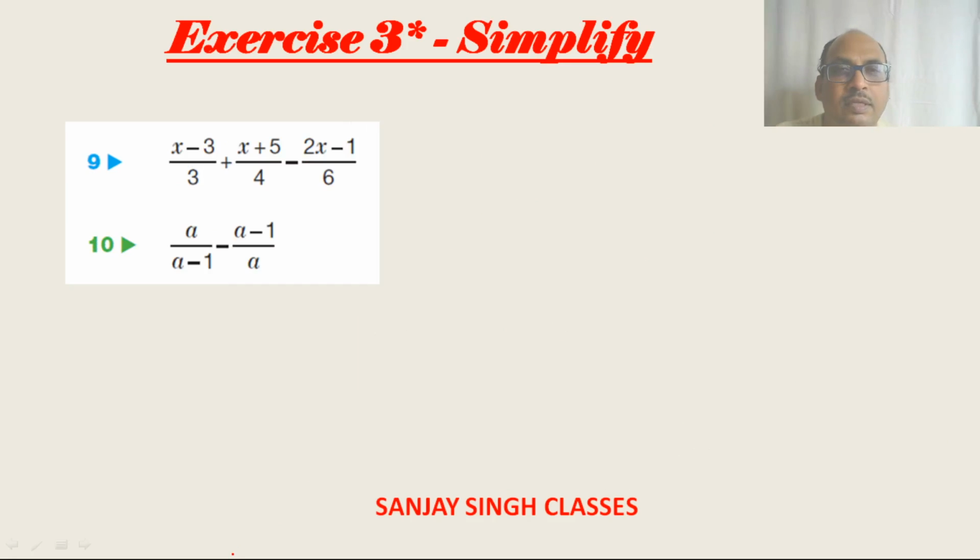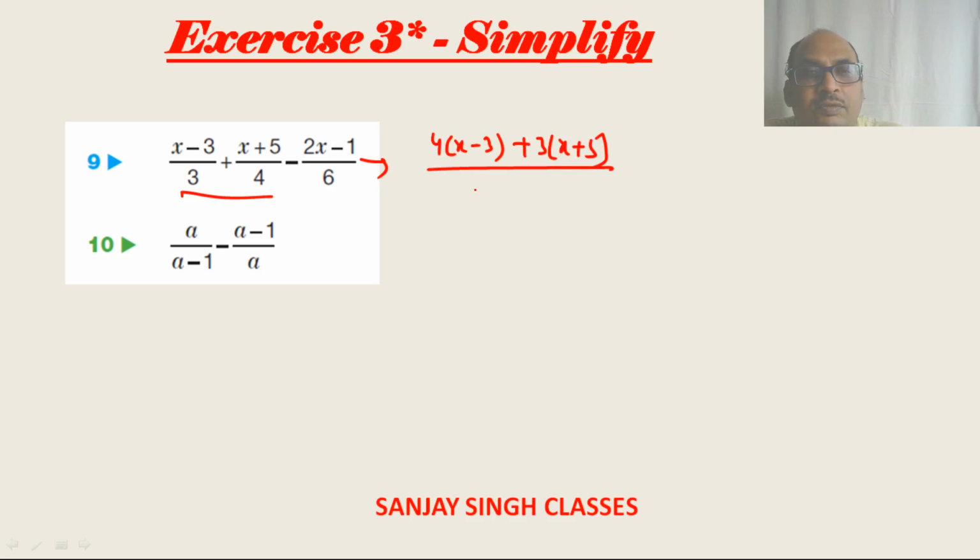Okay, now this it is there, so what we'll be doing, x minus 3. So let us solve these two first. So it will become 4 into x minus 3 plus 3 into x plus 5 divided by 4 into 3.